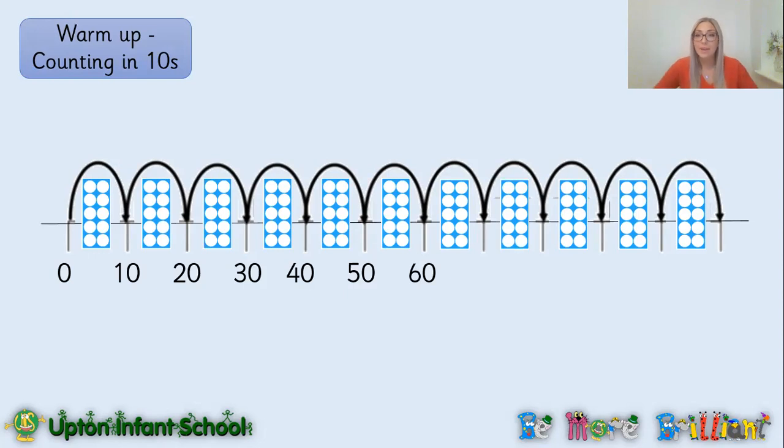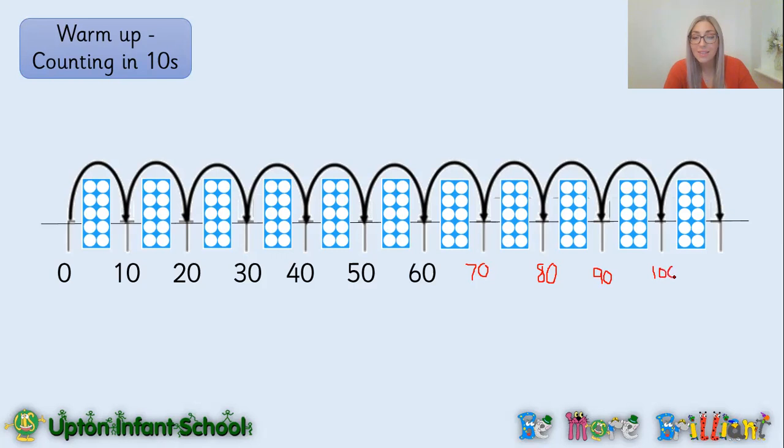Okay, right, I'm going to show you how to complete this then. So the last one that we landed on was 60, okay, and we are counting in tens each time. So we have got 70, then we have got 80, 8 and a 0, 90, then 100.